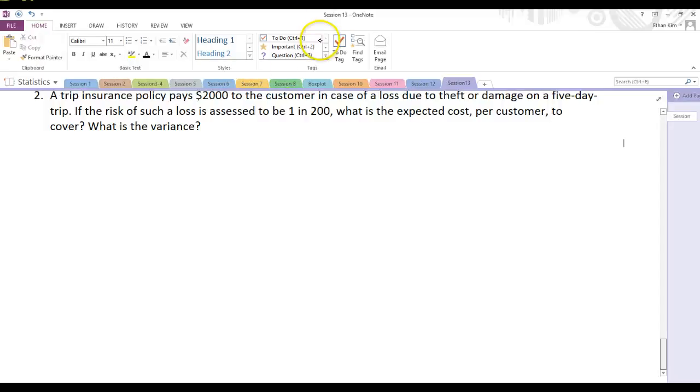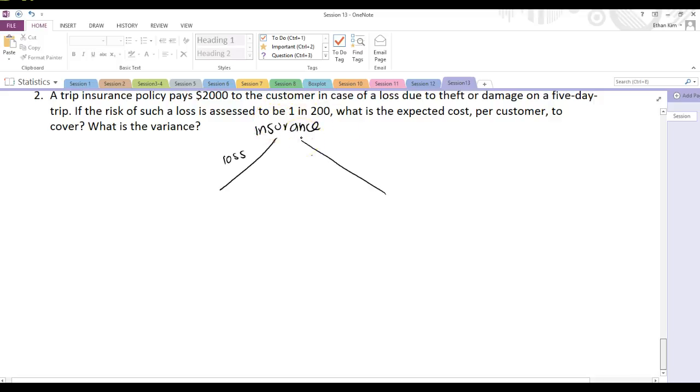Okay, so let's look at this, and this is very similar to how statistics is used in an insurance context, and this is exactly the case. So there are 2 cases to consider. If there is a loss due to theft or damage, then the insurance company, so just think that we're working at an insurance company.